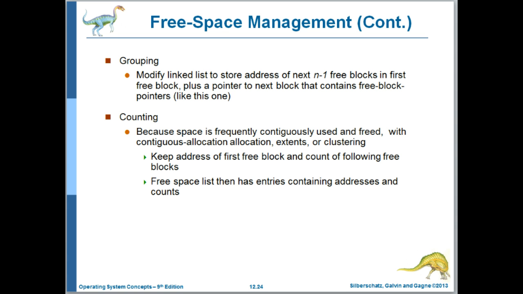So in addition to the link to the next free block, include a count of the number of contiguous free blocks that will assist with performing contiguous allocation. Of course, coalescing adjacent free blocks still needs to be performed.